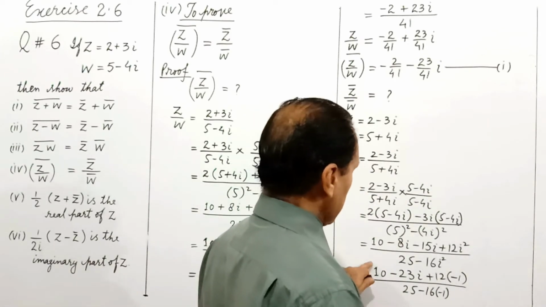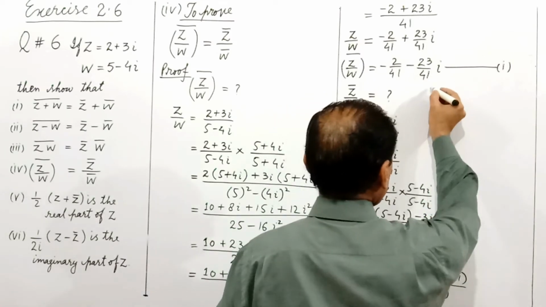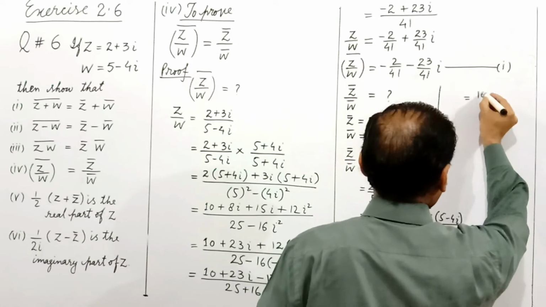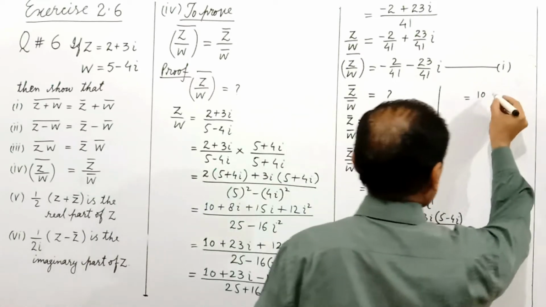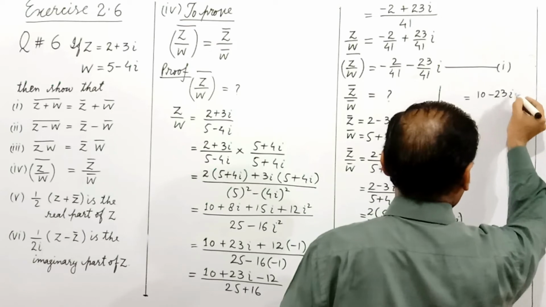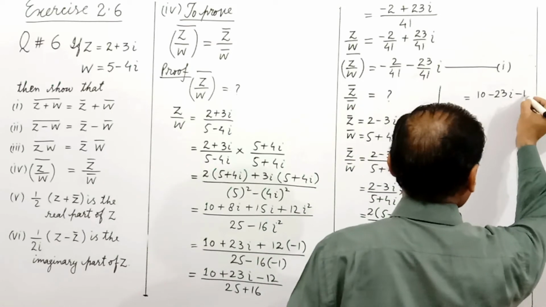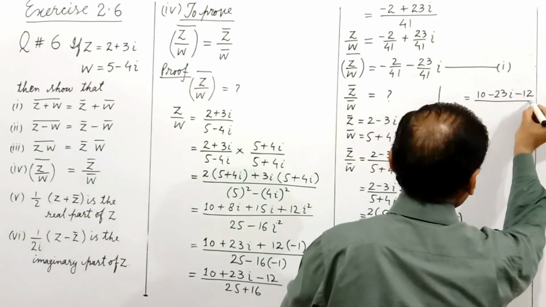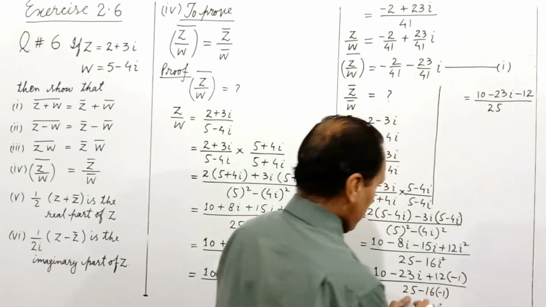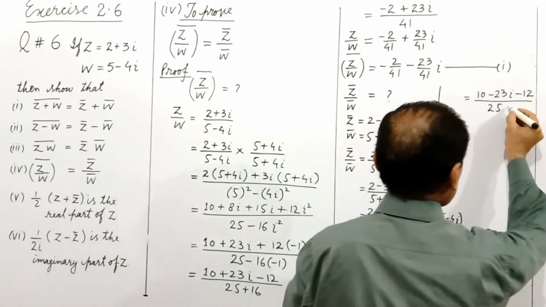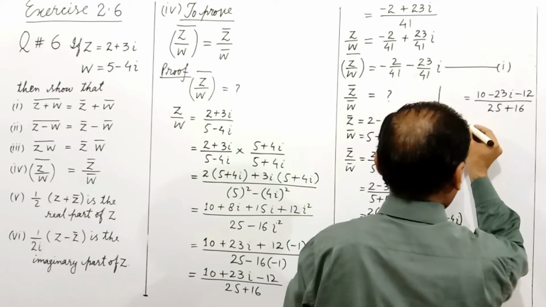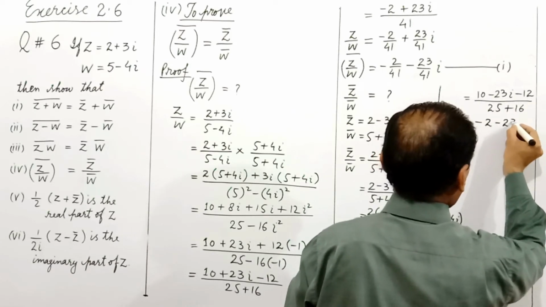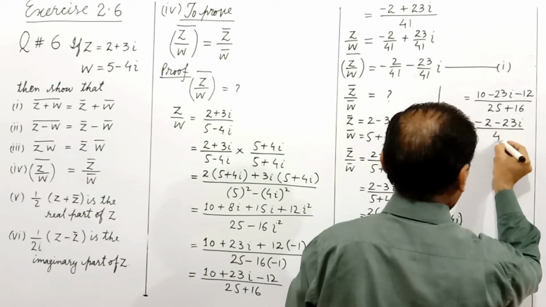So we move to the next step and we get 10 minus 23 iota plus minus minus 12 over 25 minus minus plus 16. 10 minus 12 is equal to minus 2 minus 23 iota whole divided by 41.